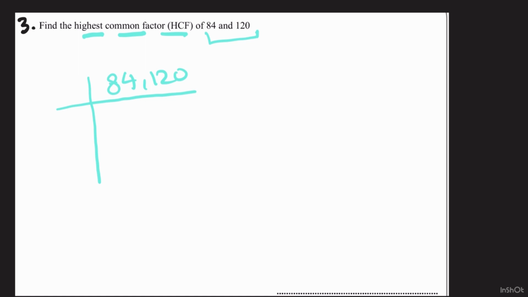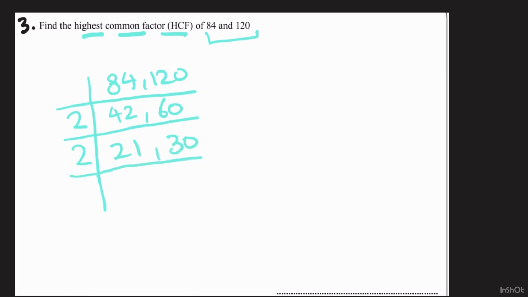Because they're both even numbers, I can divide by 2, which gets us 42 and 60. Can 42 and 60 be divided further? Yes, they're both even numbers again, so I can divide by 2 again. That gets us 21 and 30. 21 and 30 can be divided further by 3. So that will get us 7 and 10.